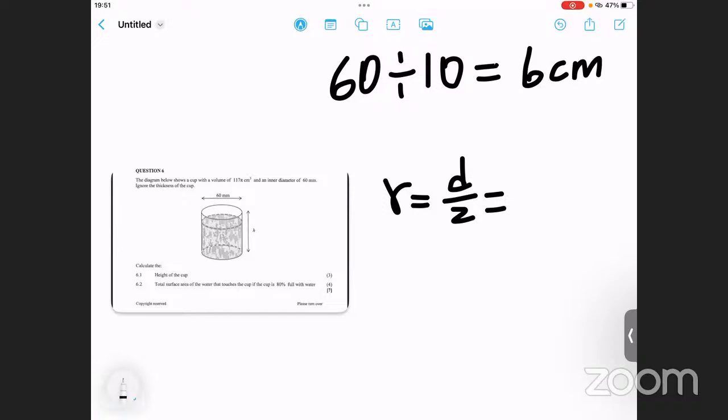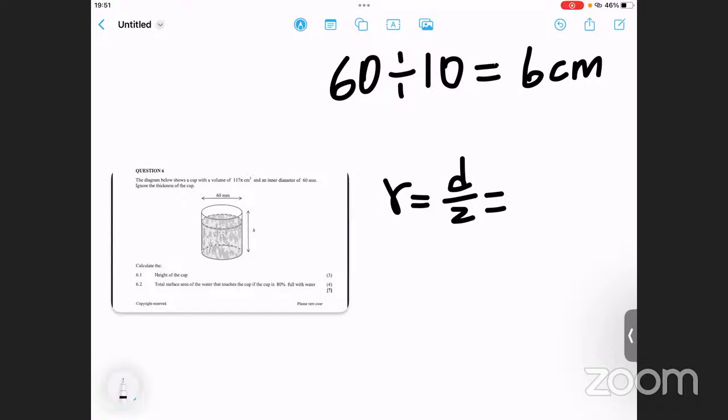You are making sense, but wait. We are moving from millimeters to centimeters. I wanted to calculate the radius first, because there's a formula for calculating the volume, and then I used it to calculate the height.